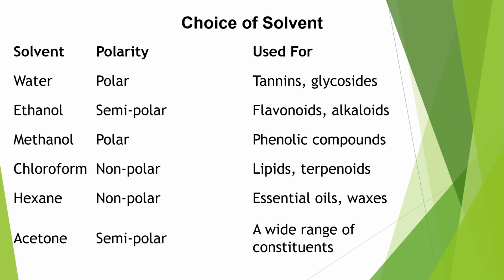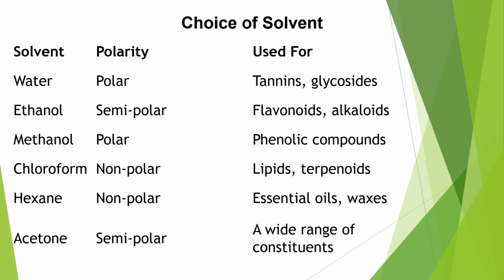So, if we go for the choice of different solvents, this particular table can be very helpful for choosing the solvent, where on the basis of polarity we can easily choose the compounds through which we can extract the phytoconstituents.